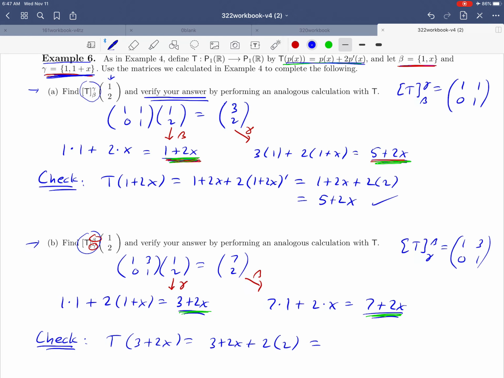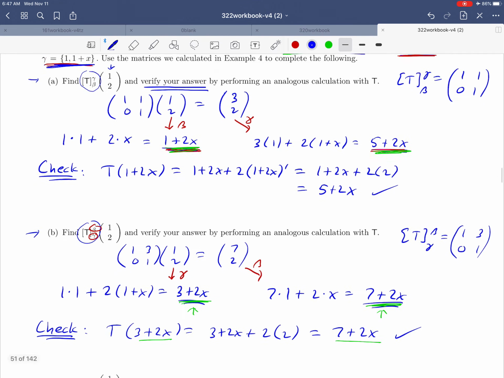You do the simplification there, 3 plus 2x plus 4, and sure enough, you get 7 plus 2x. Okay, so we got the input of 3 plus 2x, the output of 7 plus 2x. That matches these two vectors, and we have confirmed our calculation.